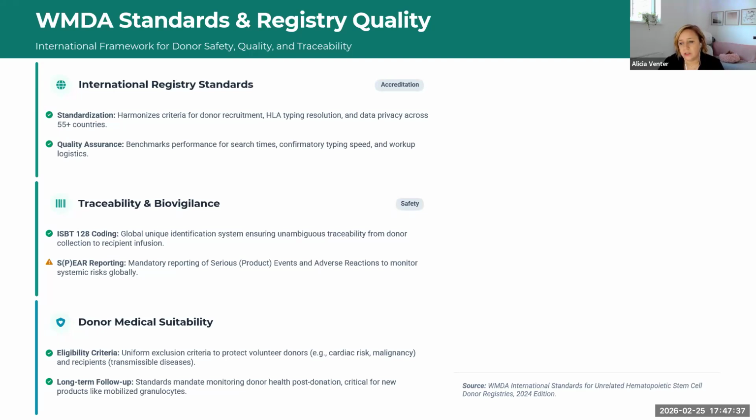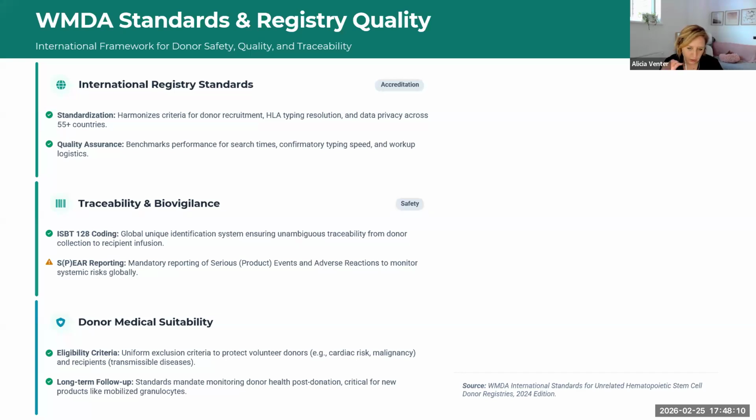There's a lot of quality assurance in the sense of benchmarking performance for search times, confirmatory typing, and workup. Of course, we also take a lot of time thinking about traceability and biovigilance. All donors in the world now have a GRID number, a globally unique number that all donors have to go by. We do not list them on WMDA if they do not have a GRID number. This is new.